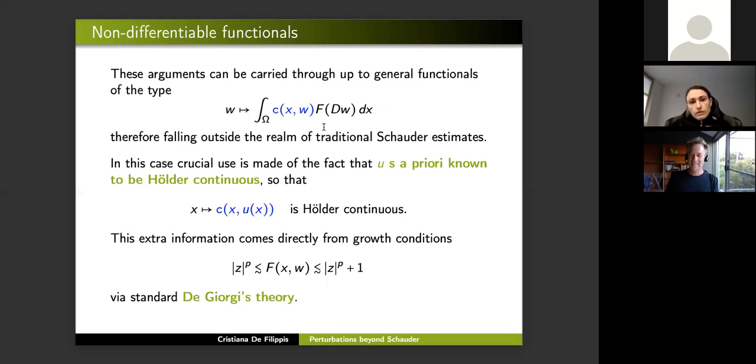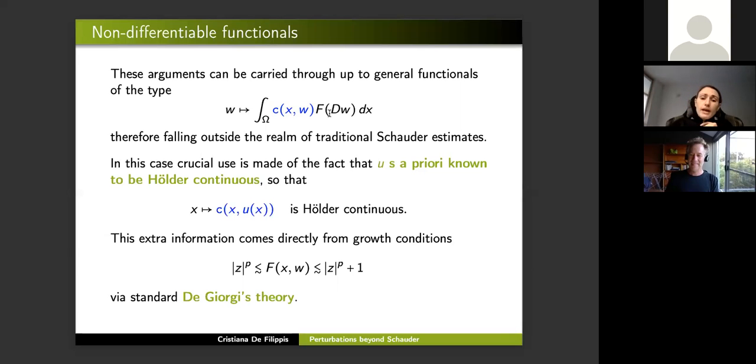Another functional on which it is not possible to directly apply the whole machinery exploited for equations is this one, which is in some sense the black beast of variational integrals. Indeed, in this case, we have a term depending on the w variable that is no longer a lower order term, but it multiplies the highest order term. And of course, this immediately falls outside the realm of traditional Schauder estimates.